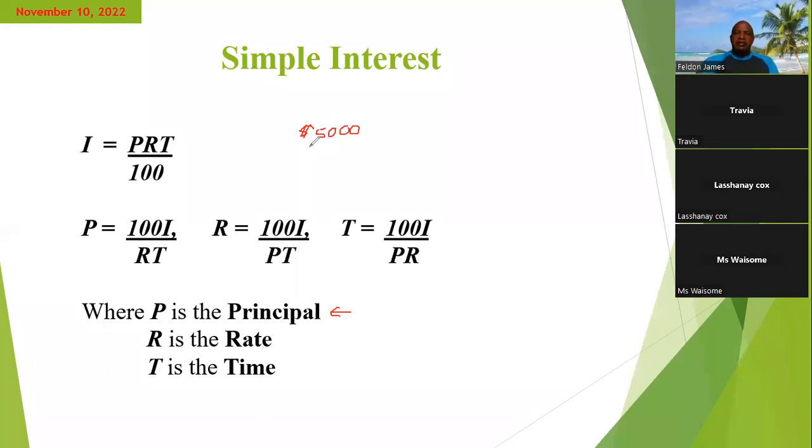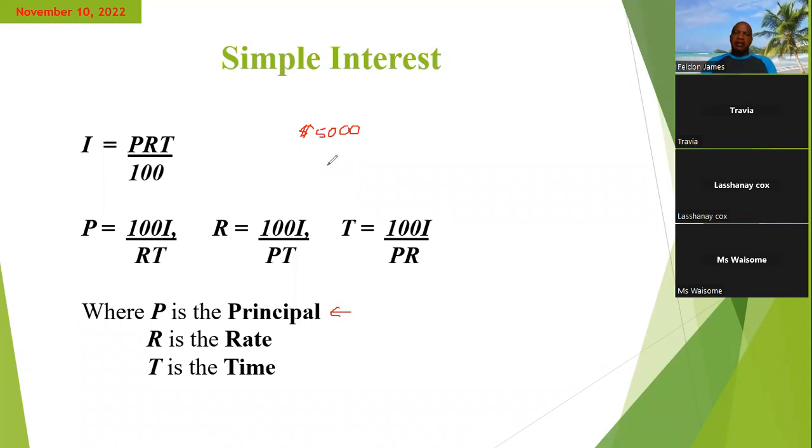Now, let's say you invest $5,000 and at the end of the year, you should make an interest of, say, 20% on your $5,000. How would you go about calculating that? Can somebody tell me?